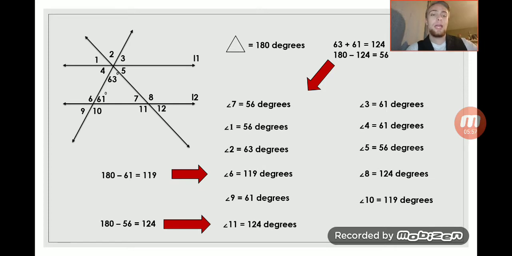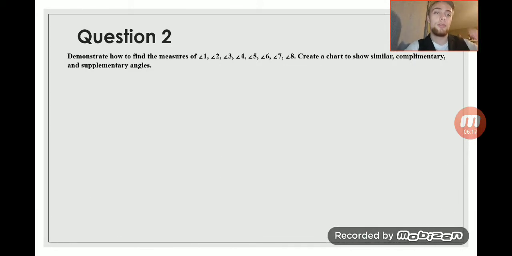Now, figuring out angle 11, again, is the same way. It is going to be opposite equal to angle 8. So it's also going to be 124 degrees. And of course, angle 12 is 56 degrees because it is opposite and equal to angle 7. Now, moving on to number 2.